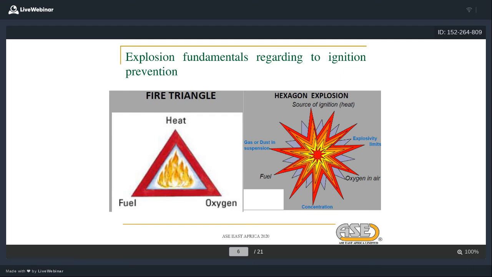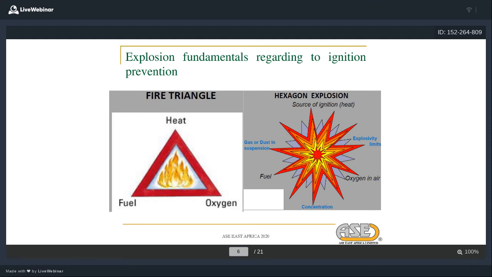So, as we said before, for fire or explosion to occur, we need three factors: heat, oxygen, and fuel. That is, oxidizer, flammable materials, and a source of ignition.